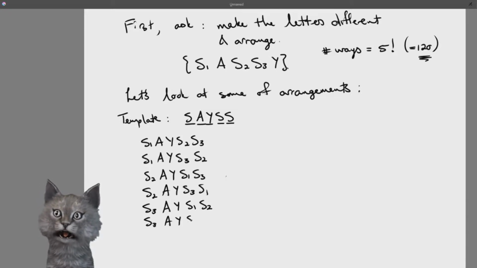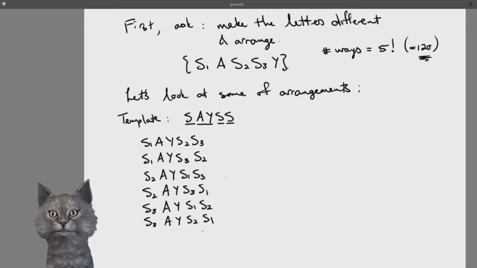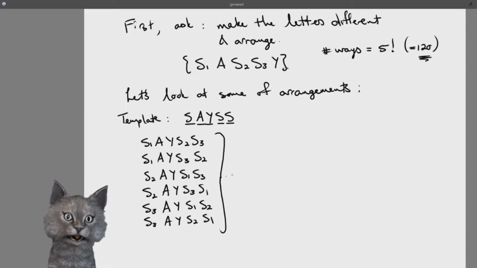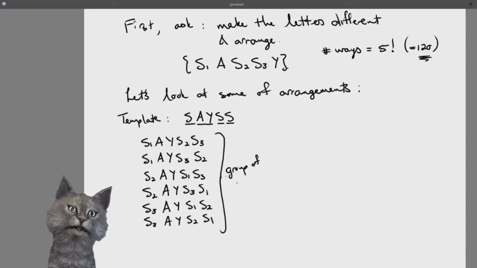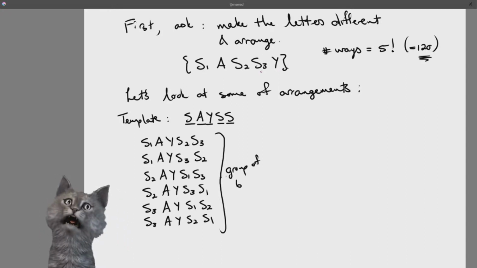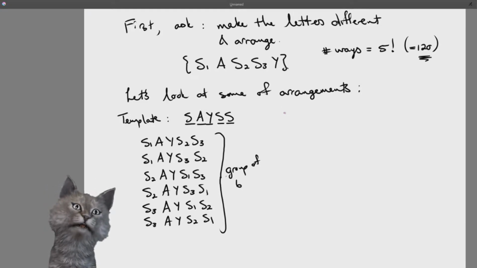S3, A, Y, S2, S1. So what I've ended up with is a grouping of 6 labeled arrangements. The S's are labeled, but they all sort of follow the same template.